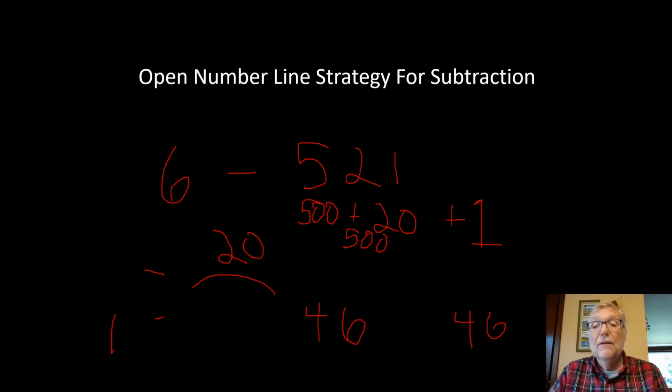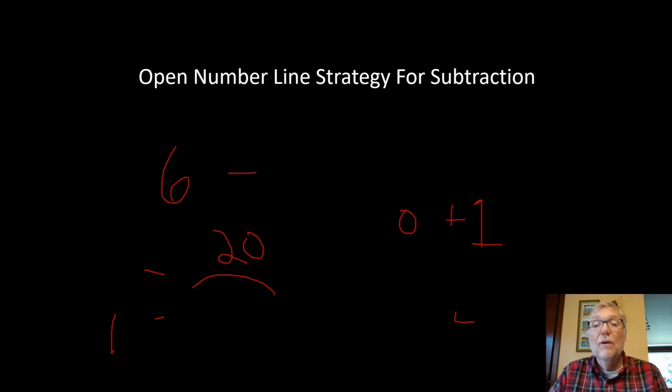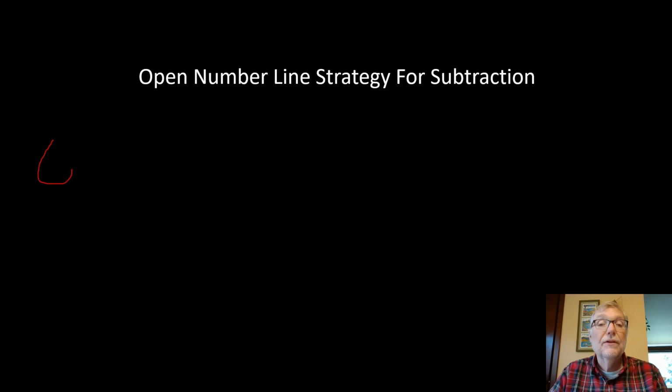Now, I'm going to do one more problem here. This next one might be a little challenging for some of the students. So if I have 644, and I'm going to subtract 281.